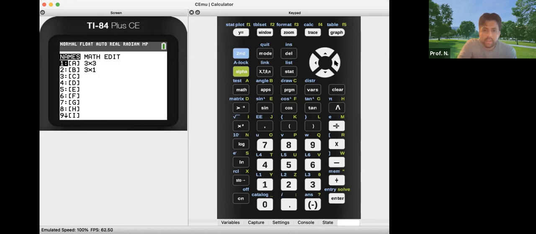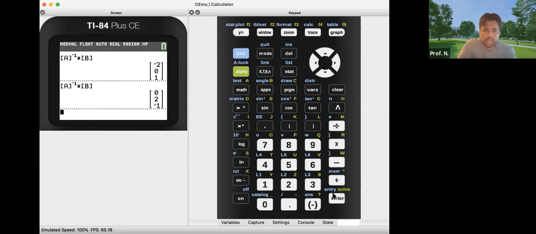And then you edit the next column vector, which is 3 by 1, 2, -1, and 1. So you go back. I'm going to just copy this command, which I already found. Oh, very similar numbers. So you have 0, 2, -1.